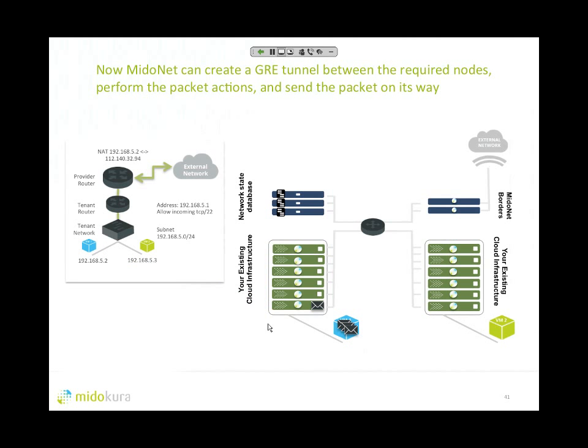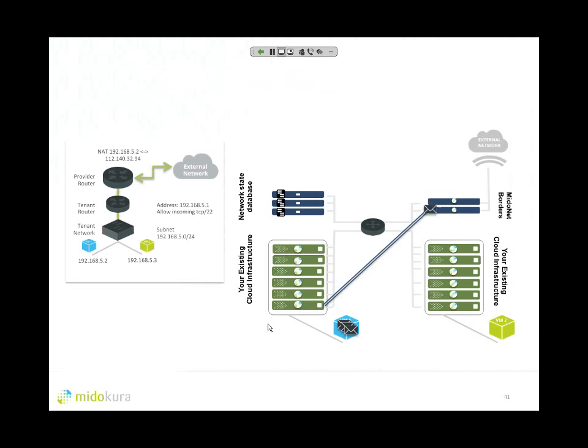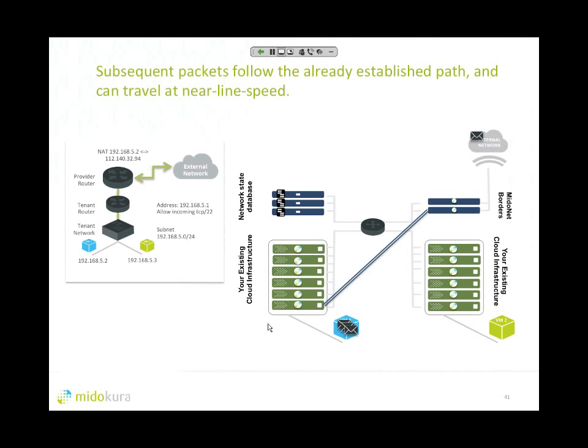Then the MidoNet agent creates a tunnel to the gateway node and sends it on its way. Since that was only the first packet that needed to have the logical pull down, the remaining can fly at near line rate towards the gateway.